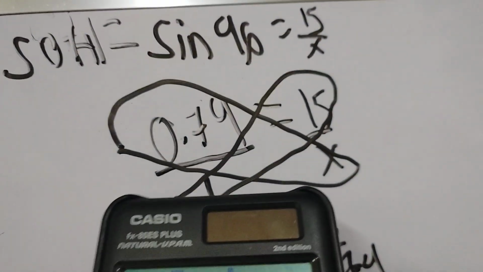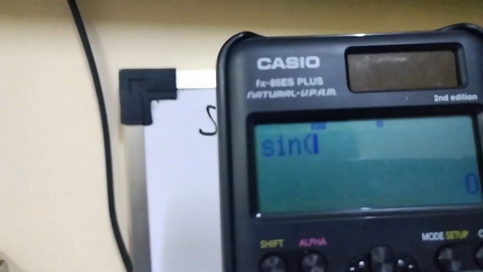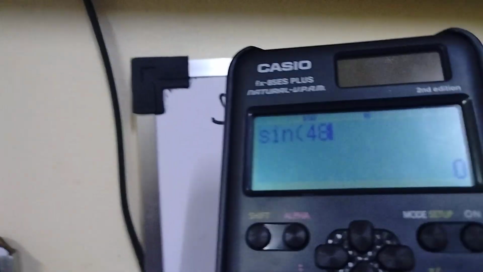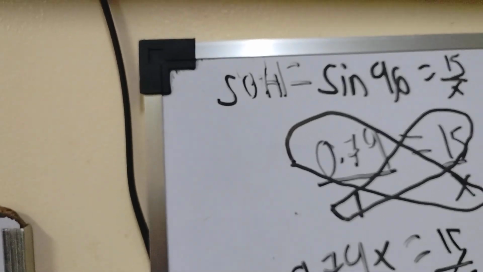Then it would be sine 46. Oops, wrong. Actually, it's not sine 46. It's sine 48. Sorry, my handwriting is kind of bad. So it would be 0.74. So that's how we got that value.